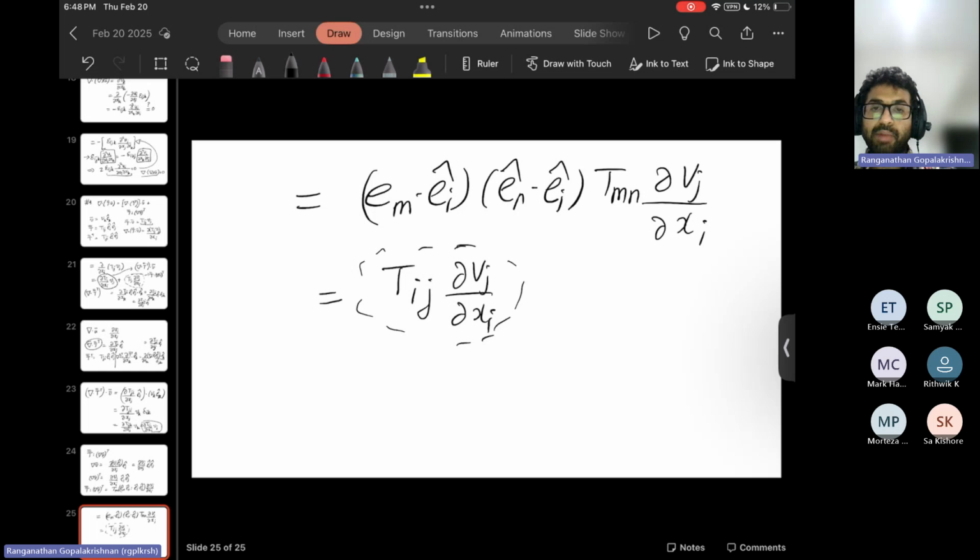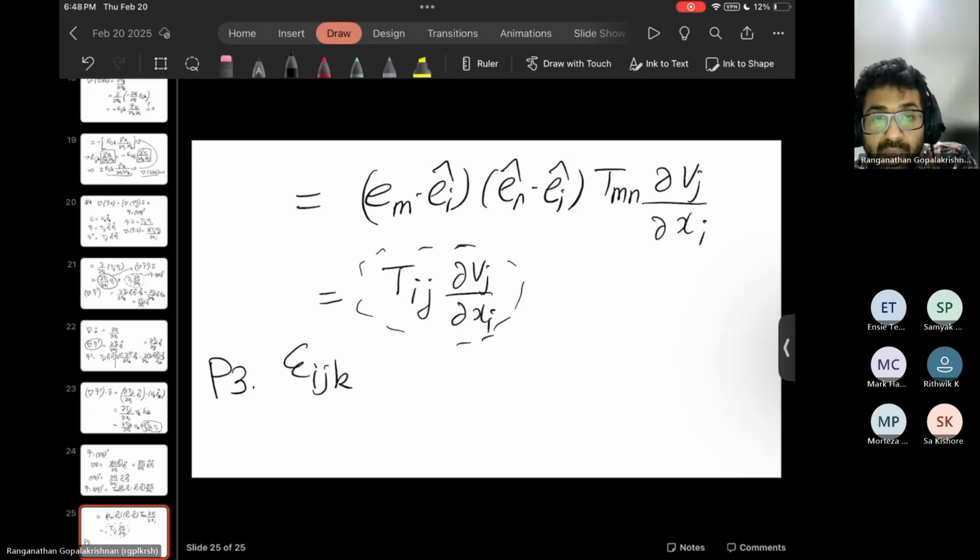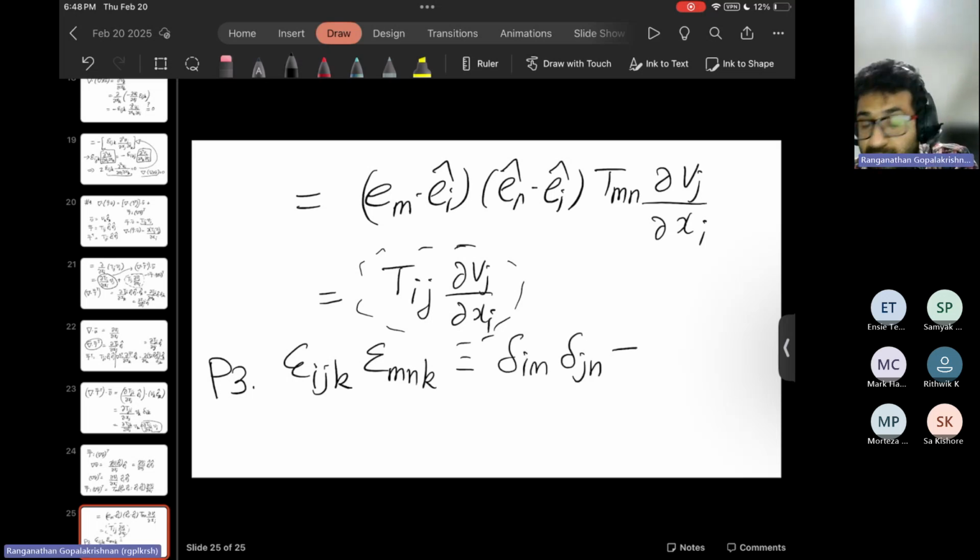We still want to come back to the problem that we skipped, which is problem 3: epsilon_ijk epsilon_mnk equals delta_im delta_jn minus delta_in delta_jm.